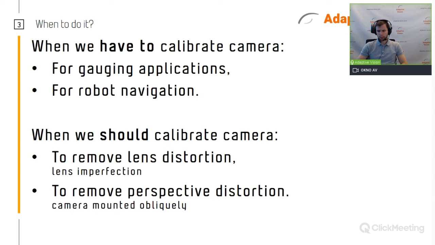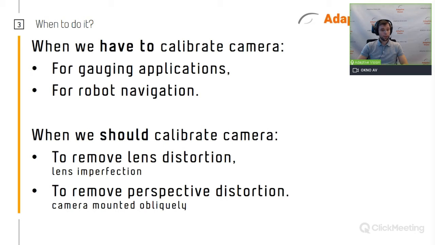The only one idea which came to my mind is the influence on execution time of our complete inspection routine. However, the final remapping after the calibration is extremely fast, and it should fit most, even very time limited applications. So I would say that we should calibrate camera whenever it is possible.